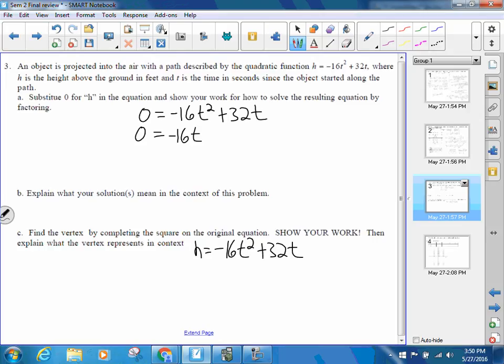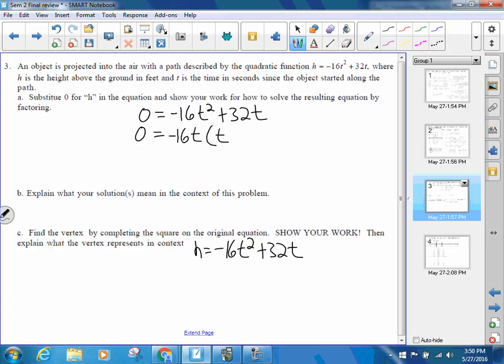because both terms, the negative 16t squared and the 32t, 16 can go into both of those, into 16 and 32, and t can go into both t squared and t. So I'm going to factor those out. Now in my parentheses, what's left after I factor out the negative 16t from the negative 16t squared is the t.